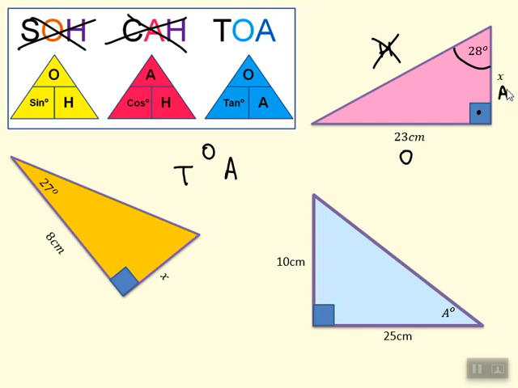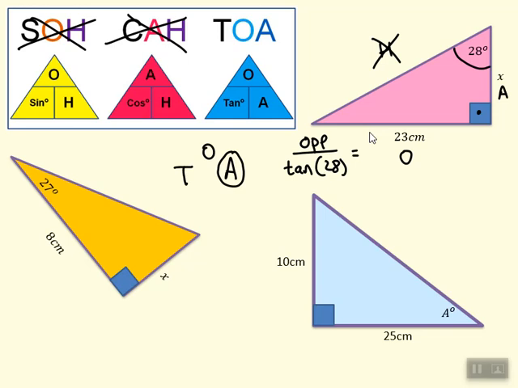So how do we work out the adjacent side? Well, to work out the adjacent side, we have to take the opposite and divide it by tan of the angle. So the opposite divided by tan of the angle, which is 28, equals the adjacent. So let's do that.